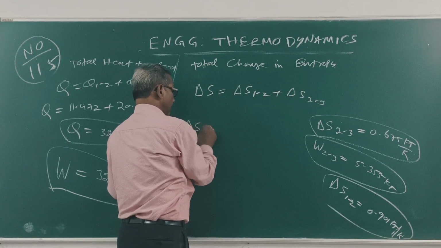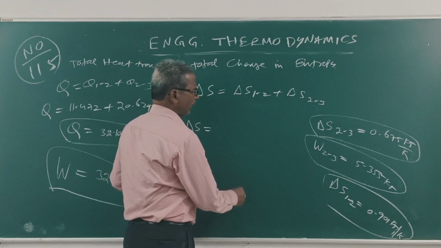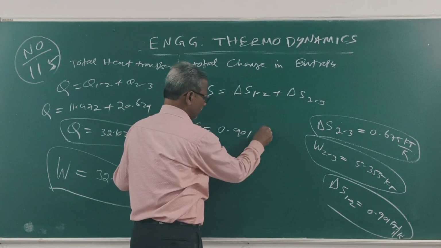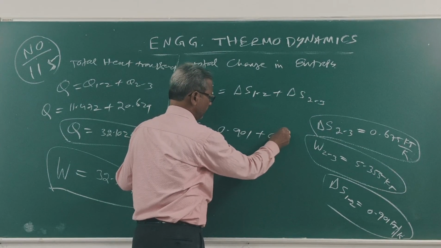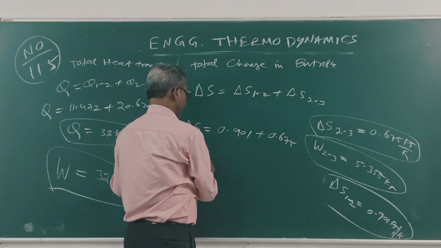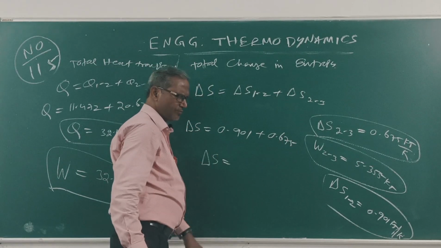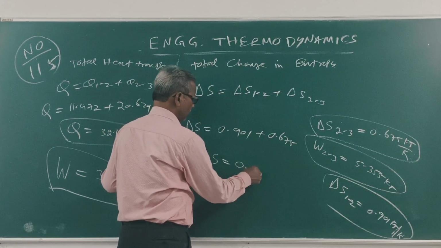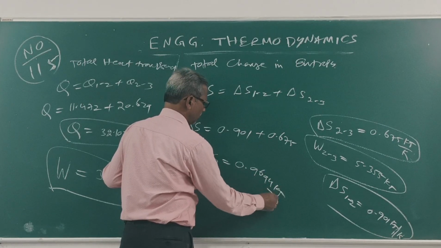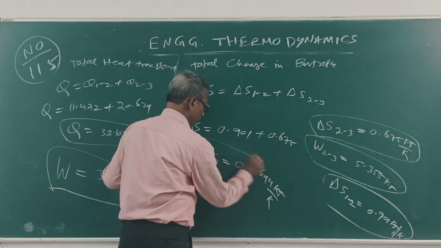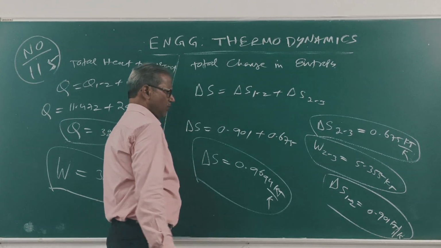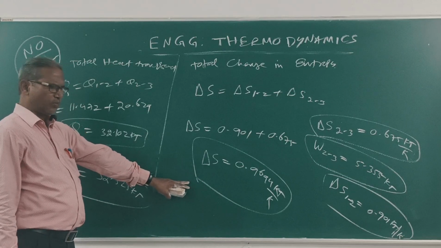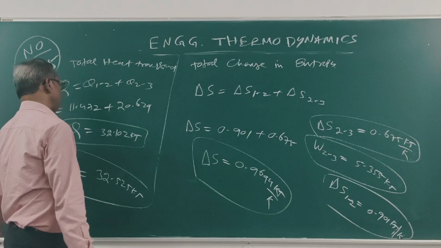So delta S is 0.901 plus 0.675. Clear? Now this is total heat transfer, total work done, total change in entropy. Clear? This is question number 115.